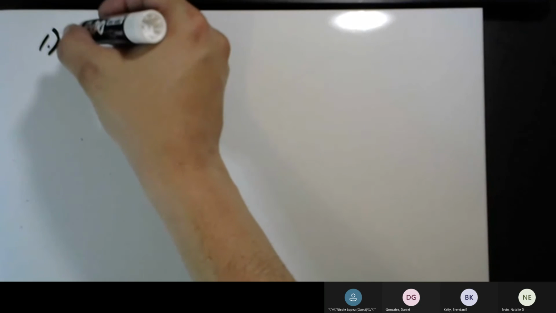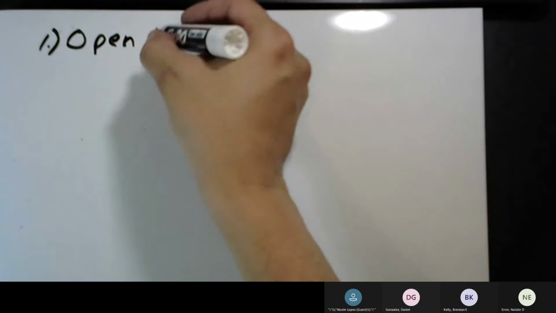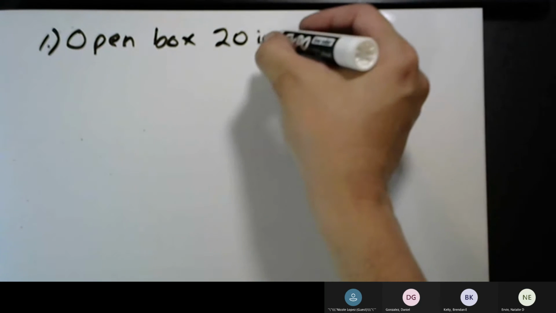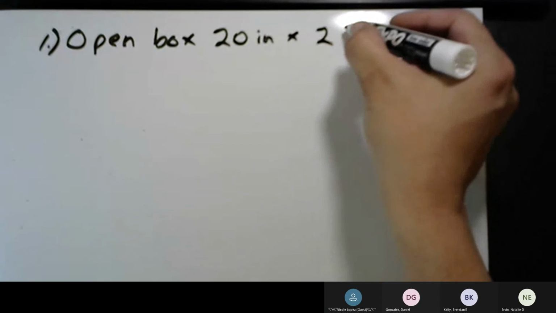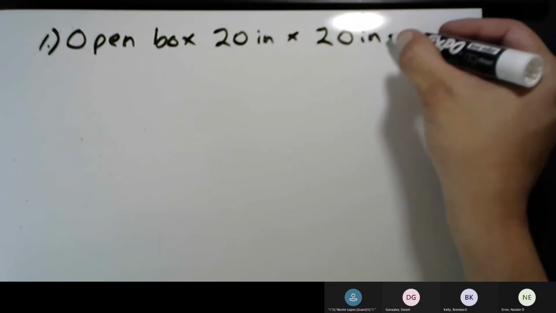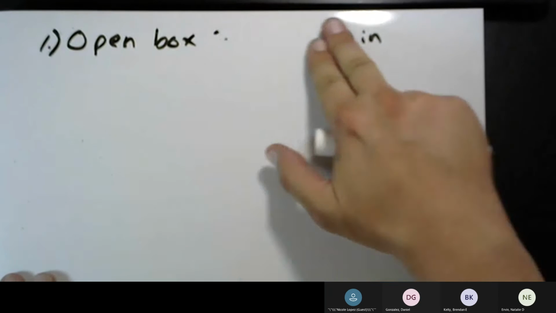So another one, let's say we're going to create an open box using cardboard. It's 20 inches by 20 inches.